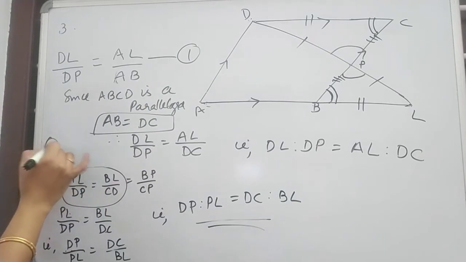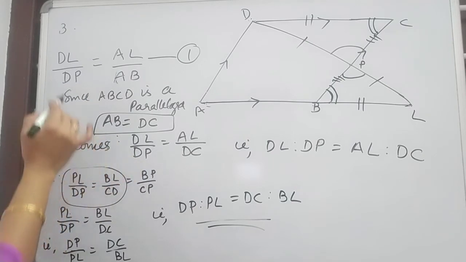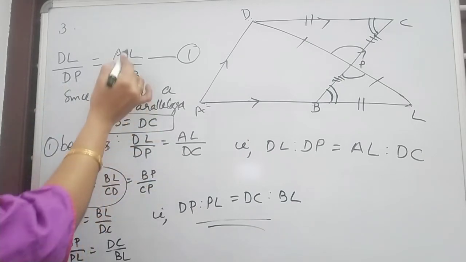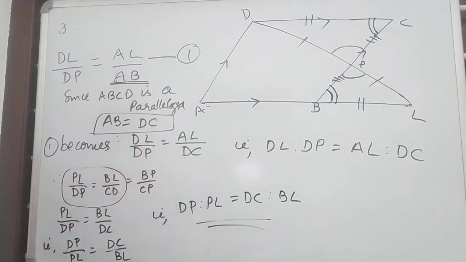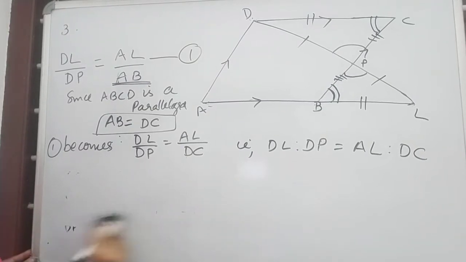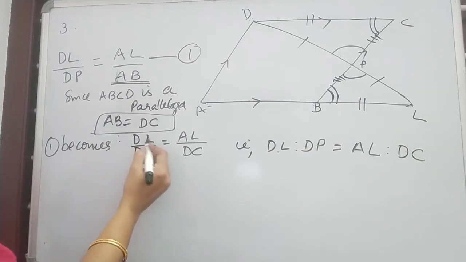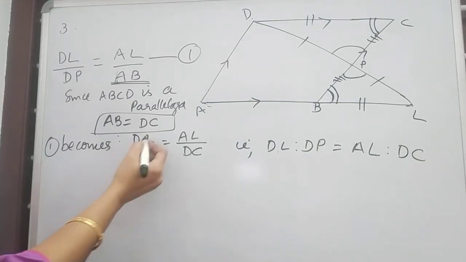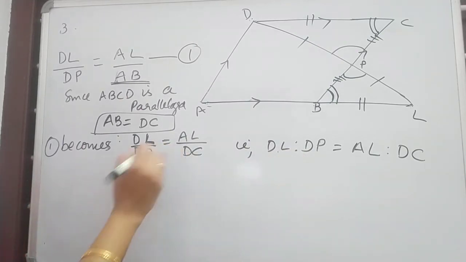So what happens to equation number 1? DL divided by DP is equal to AL, and instead of AB we can write it as DC. Then, do we need to cross multiply? No, because our answer is DL is to DP, so there is no need to cross multiply.